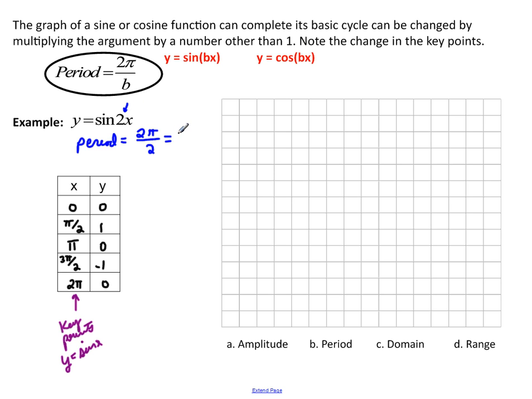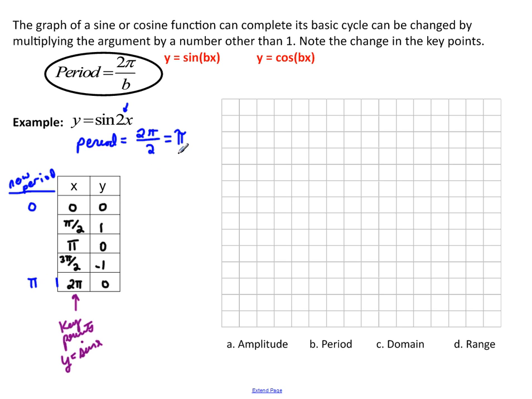And so one full period will be completed within pi units rather than 2 pi units. So our new period is going to be adjusted as follows. For our function, the period will be completed starting at 0 and ending at pi.